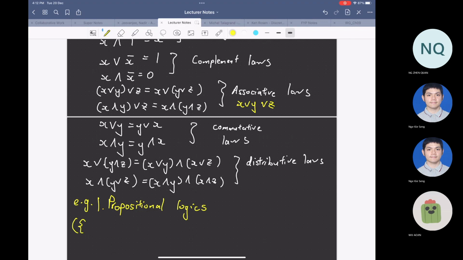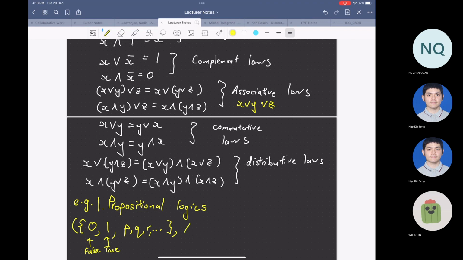They are the true or false elements, true or false propositions: a tautology or a contradiction. And then the propositions, we write P, Q, R, remember?